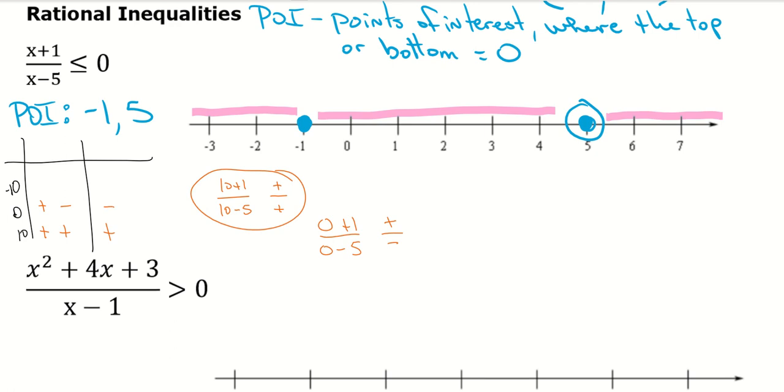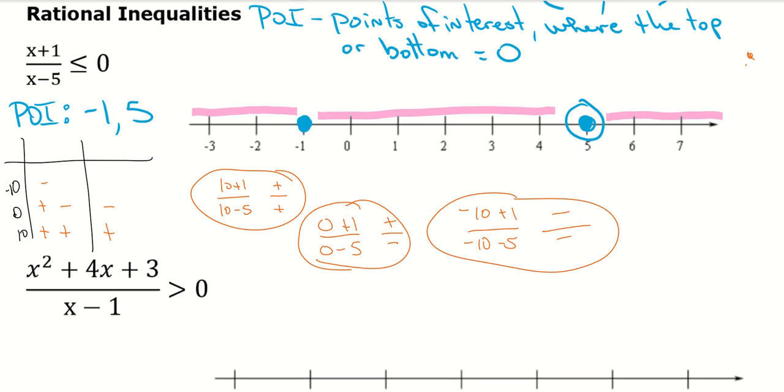And then if I go plug in my negative 10, here I'm going to have negative 10 plus 1 over negative 10 minus 5, which gives me a negative over a negative. So negative over negative makes a positive.